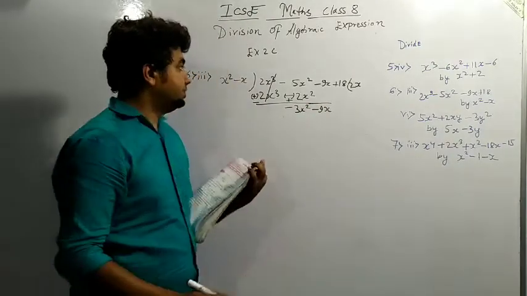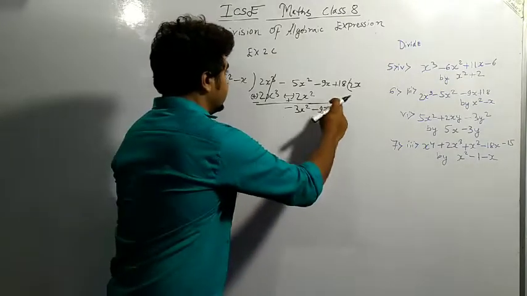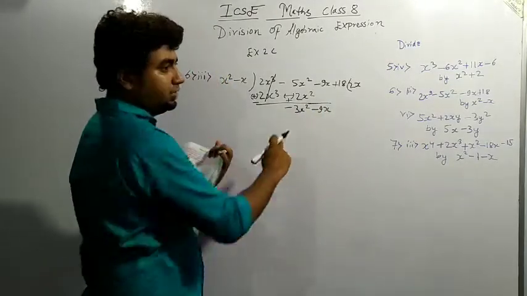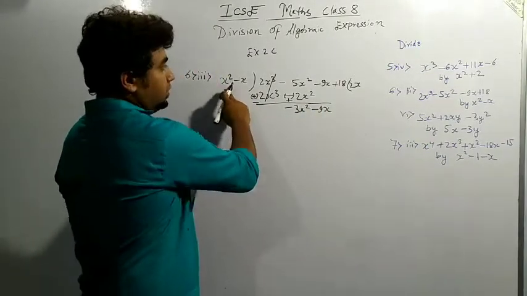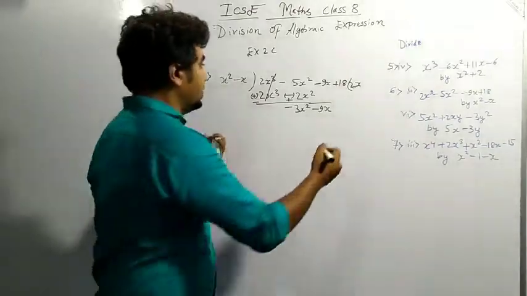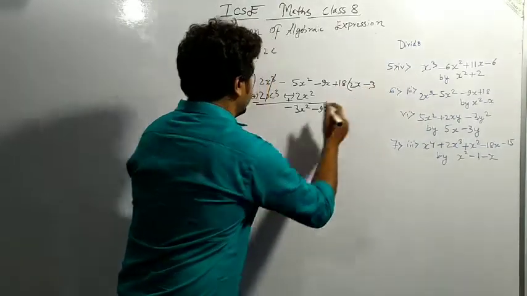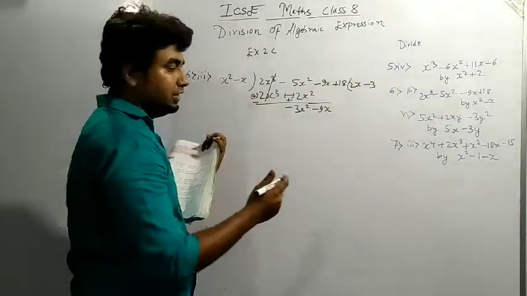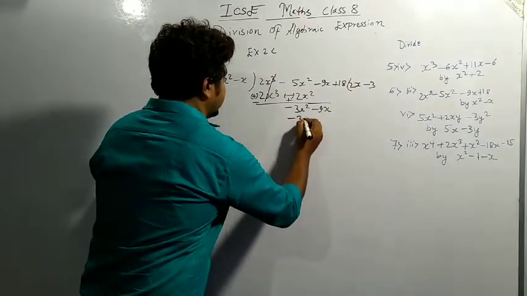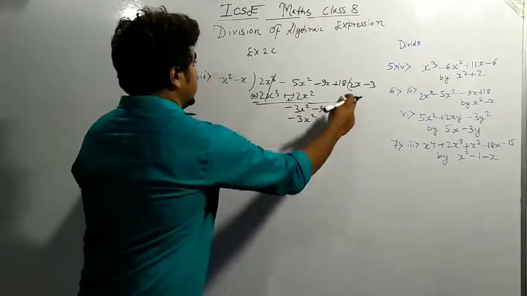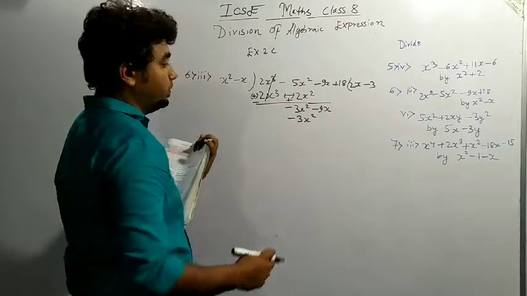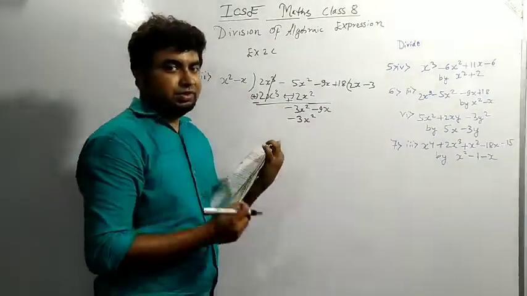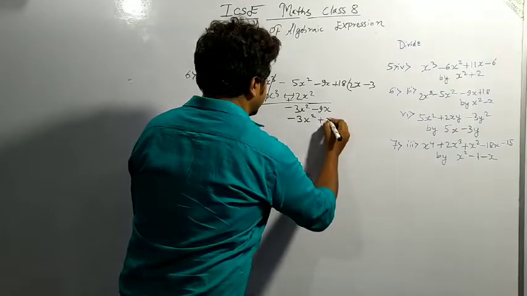As we can see, we have to make minus 3x square. What is given to us? X square. If I multiply with minus 3, it will become minus 3x square, and minus 3 into minus x is plus 3x.